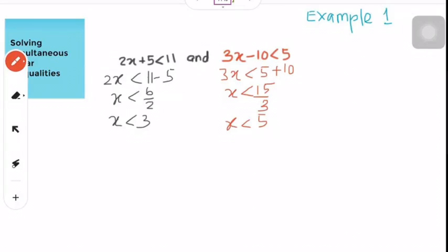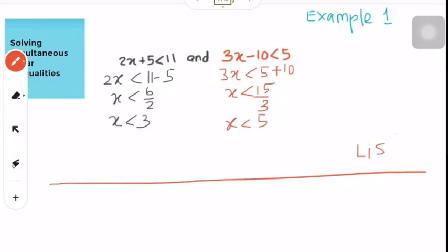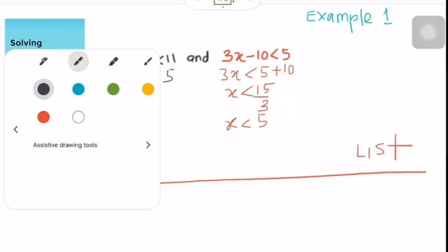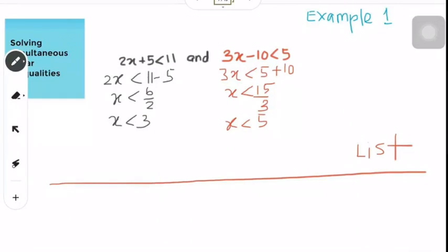Now we can look at this in two ways. First, if we list these two inequalities, the black one, what are the possible values of the variable?